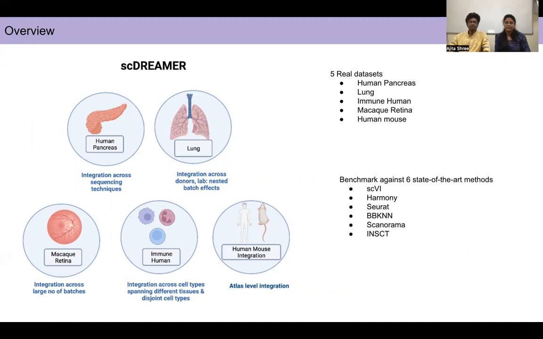Human pancreas is taken from different sequencing techniques, whereas lung has nested batch effects, and the macaque retina has a very large number of batches, more than 30, whereas immune human is taken from different tissue regions. Finally, the human mouse dataset consists of across species data, namely human and mouse. These 5 real datasets were compared against the best 6 state-of-the-art methods, namely scVI, Harmony, Seurat, BBKNN, Scanorama, and INSCT.